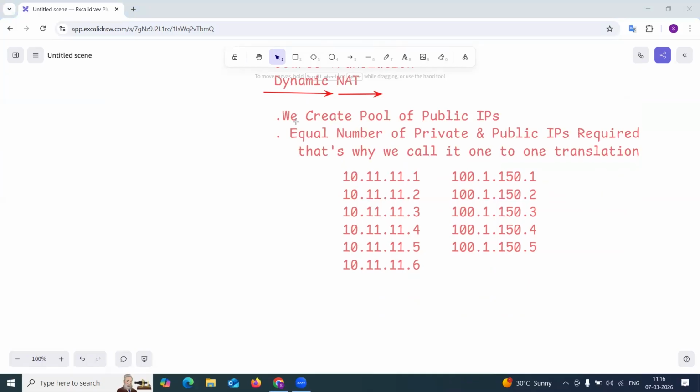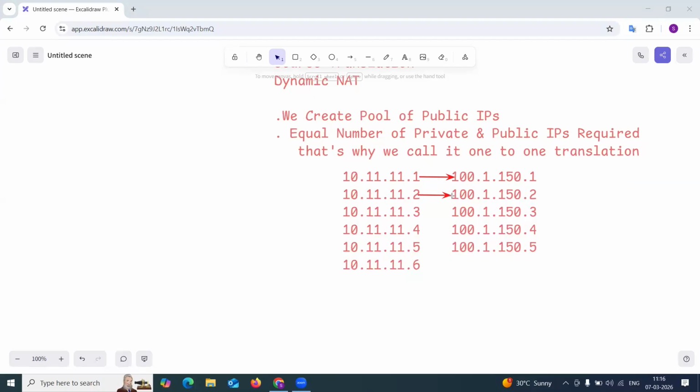It's not fixed. NAT means IP to IP translation. PAT means IP and port address translation. So here you see only I have mentioned IP. See, this guy initiated a connection. This IP might be free. It will take first come first serve basis.